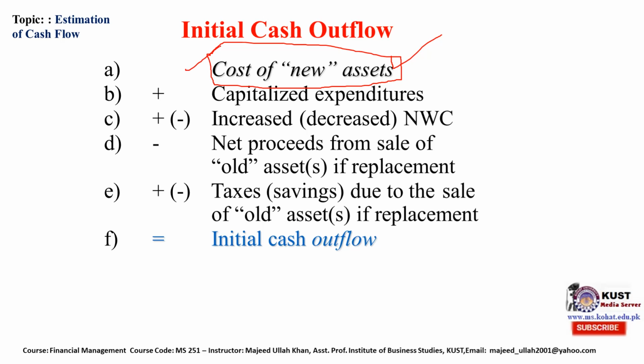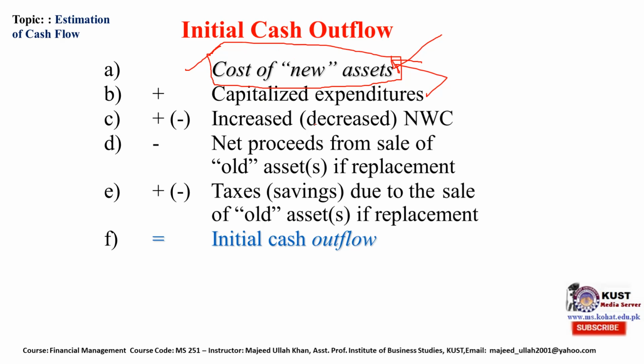This is the first thing in initial cash outflow. If there are any capitalized expenditures, as discussed earlier in this lecture, these may be shipping charges or installation charges, so they will also be included in the cost of the asset.